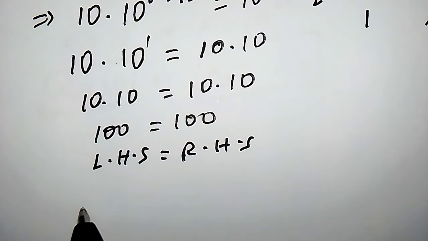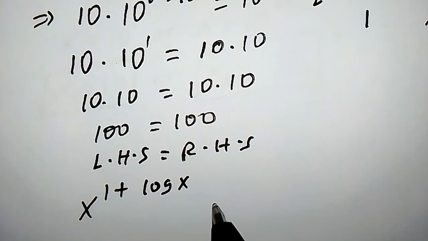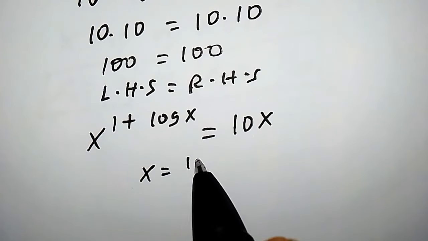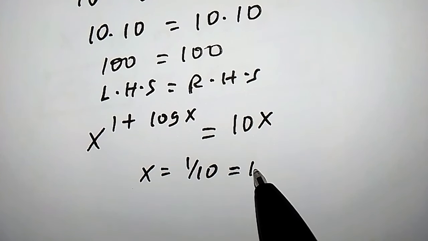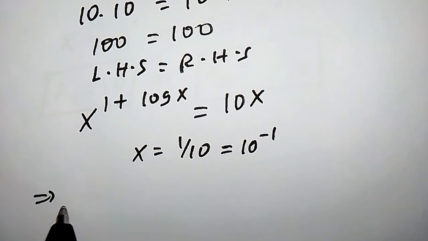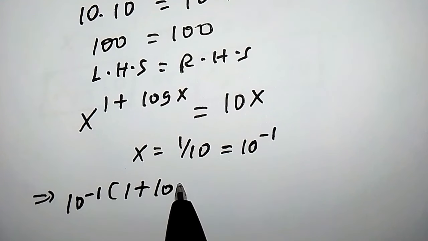Using the original equation, which is x raised to 1 plus log x equal to 10x. When x is equal to 1 over 10, 1 over 10 is equal to 10 raised to negative 1. So we have 10 raised to negative 1, all raised to the power 1 plus log.